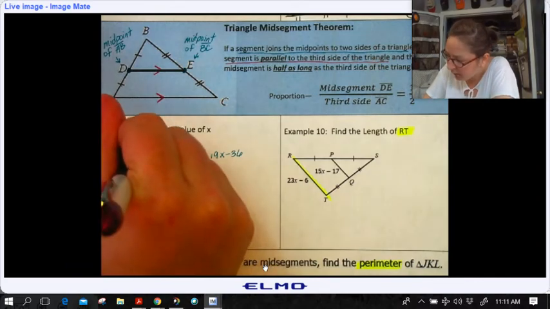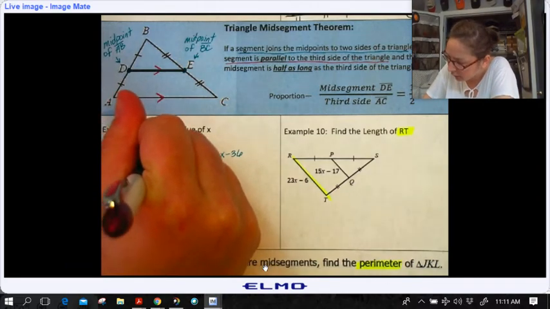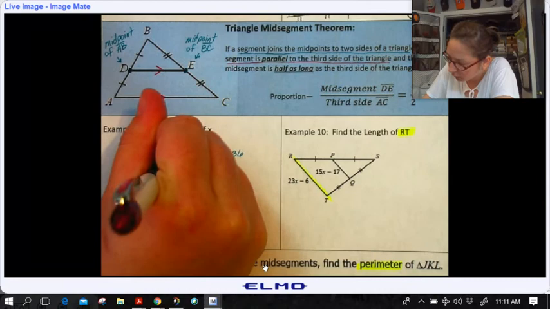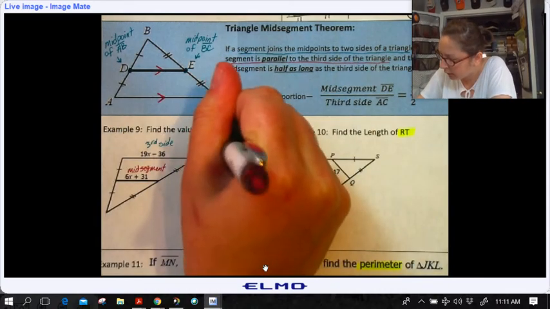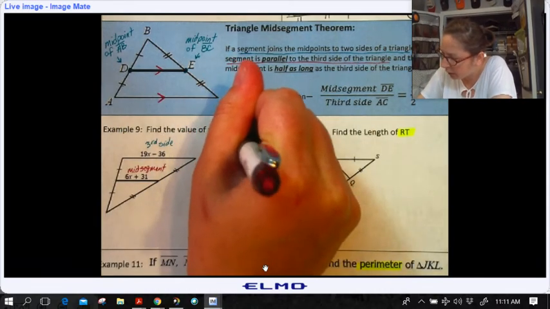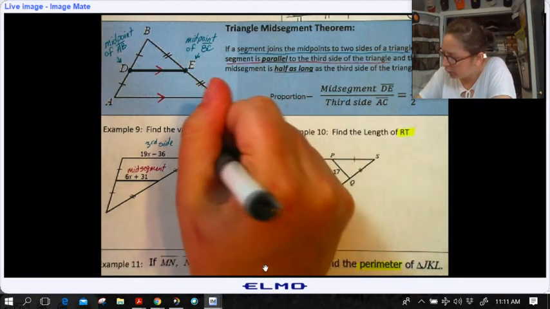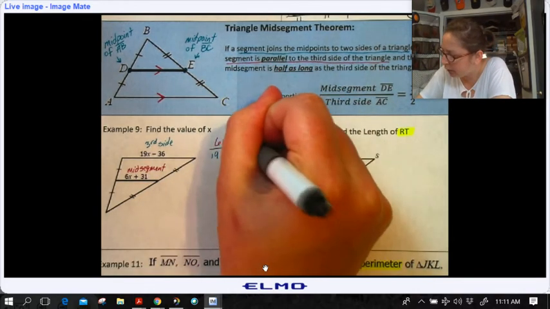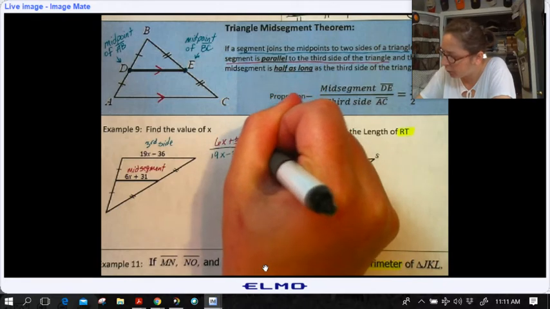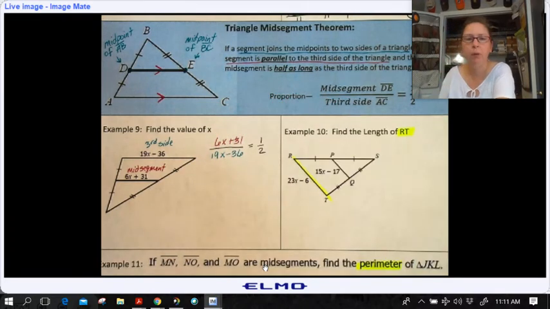The mid-segment is 6x plus 31. Okay. And so that ratio is equal to 1/2. All right. So we've set them up.